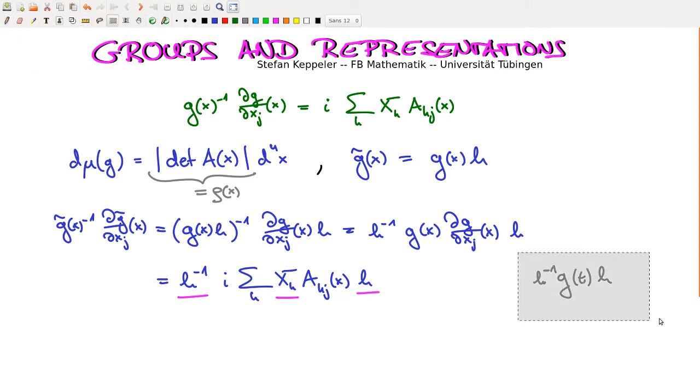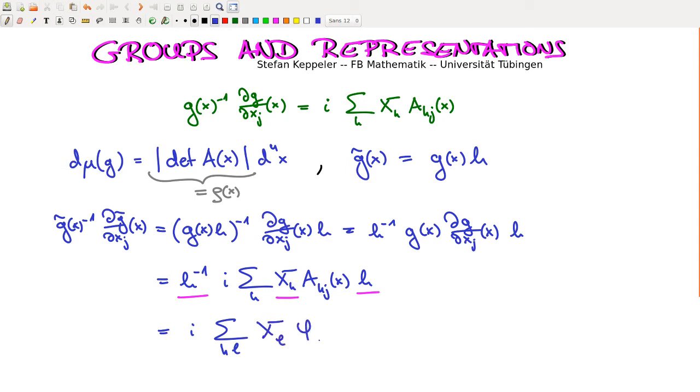So we can really write this as, let's say, I times sum over k and l, xl phi lk of h, akj of x.